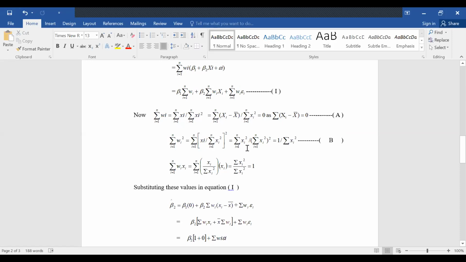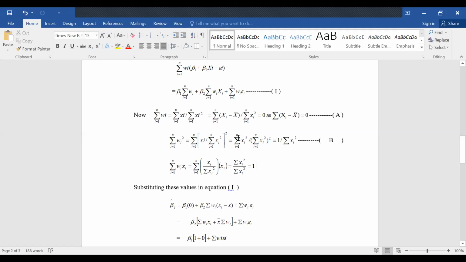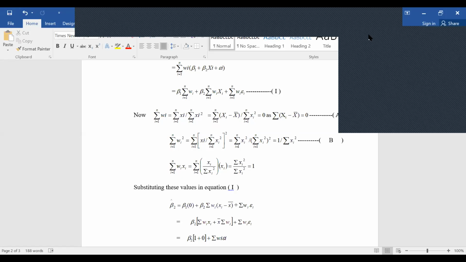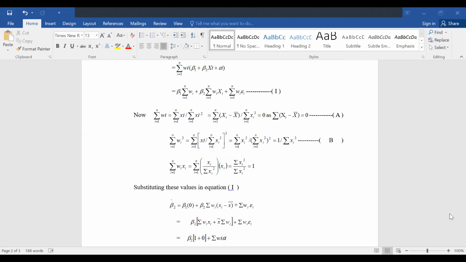Because of this square, xi will be squared, so we have summation xi square, and in the denominator we have summation xi square whole square. Applying the summation inside, we have summation xi square divided by summation xi square whole square. So in the numerator we have one summation xi square and in the denominator we have two. One will be cancelled, and we have only 1 over summation xi square. So this is our equation B.